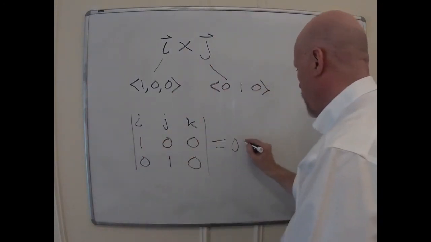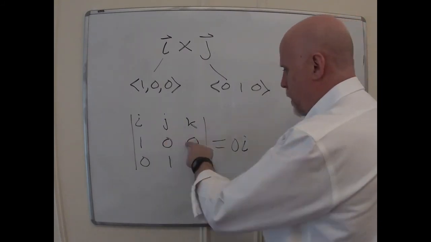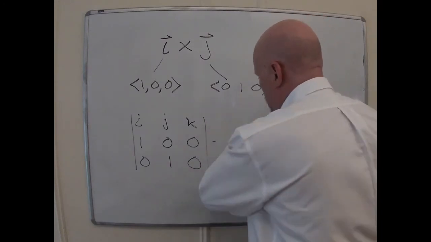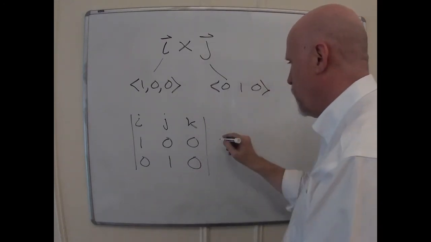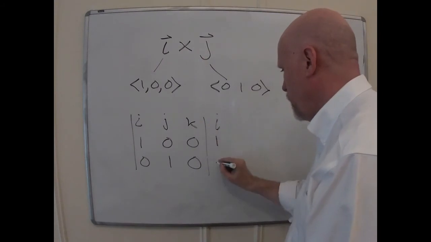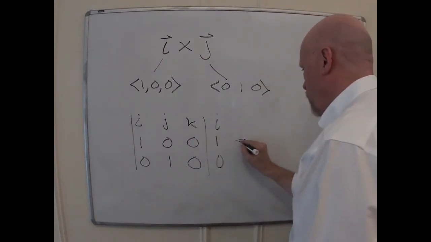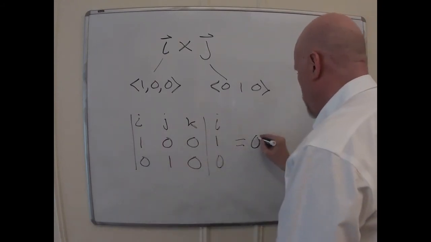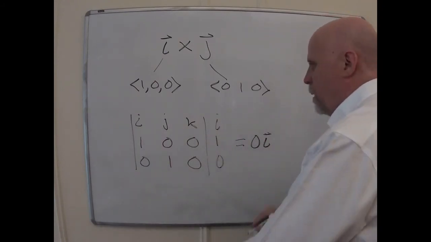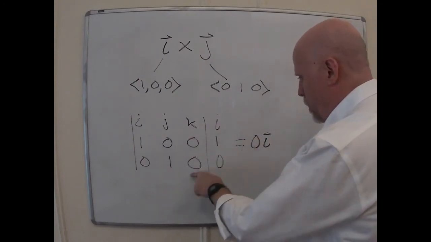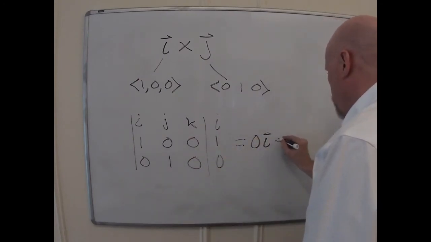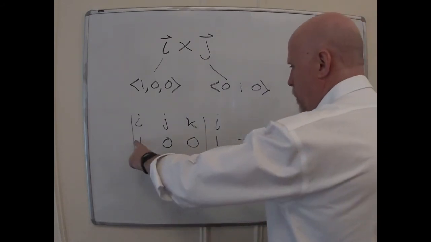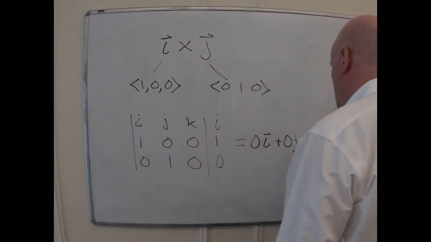Okay, so that's 0 times I. J times 0 minus, I can't do that. Okay, so you know what? I'm going to copy the first column idea again. All right, so this is going to be I, that one is true, it's 0 times I. For J, it's 0 minus 0. Okay, so it's also 0 times J. And for K, it's 1 minus 0.